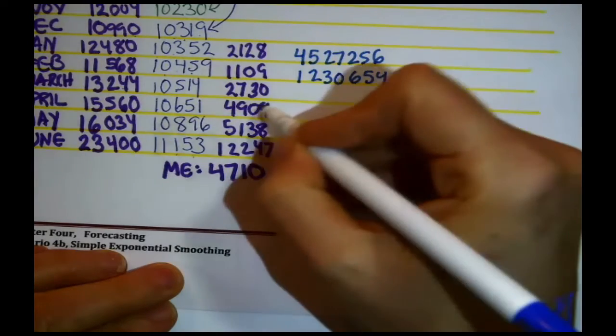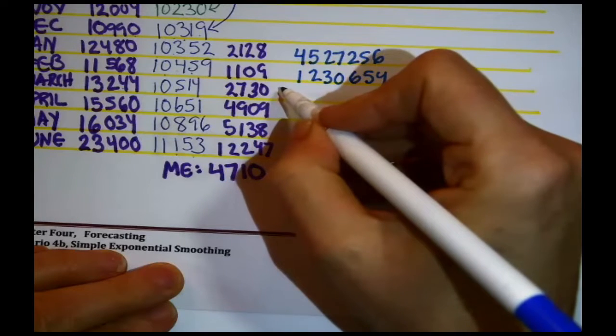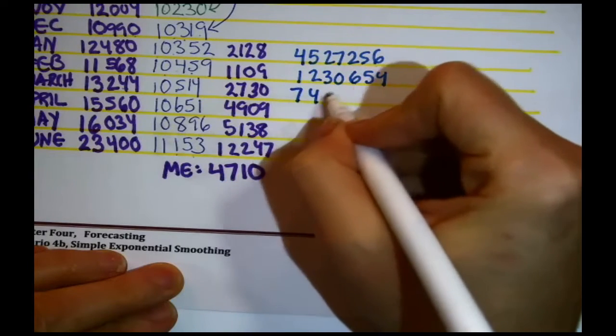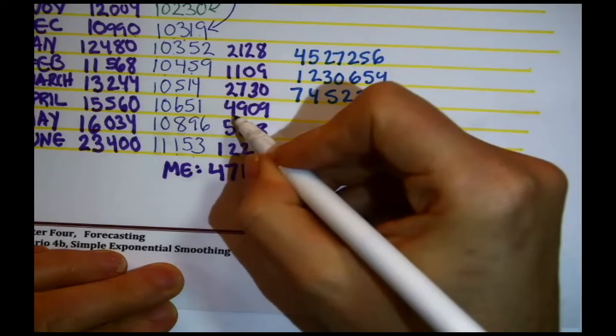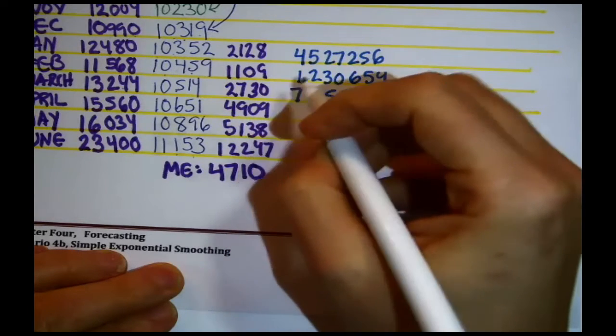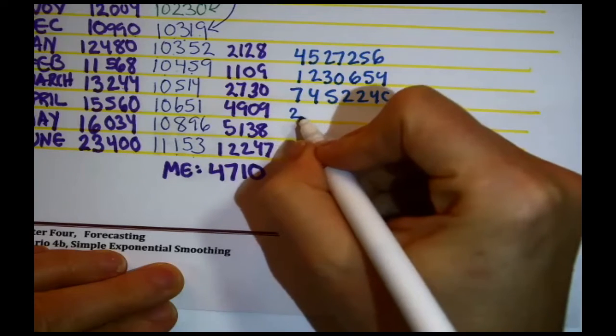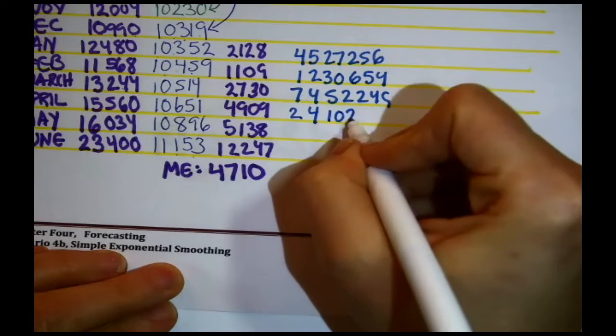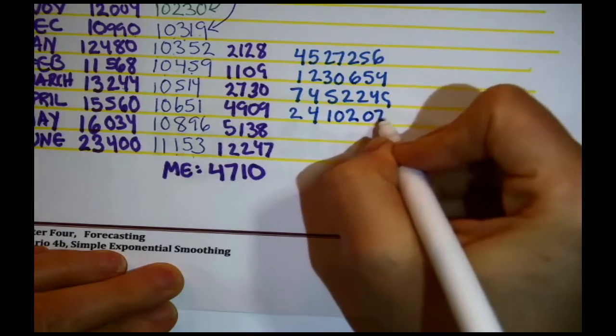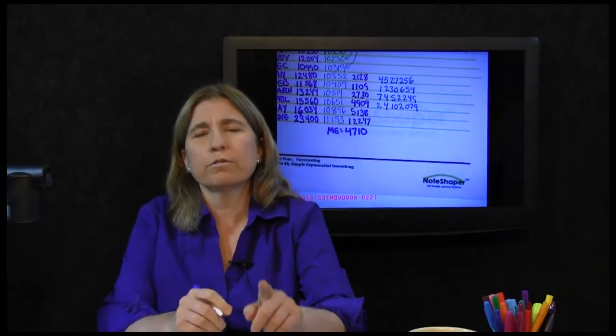Or this number and square it, we're still in the millions, 7,452,249. Or this number, 4,909, square it, I get 24,102,079.